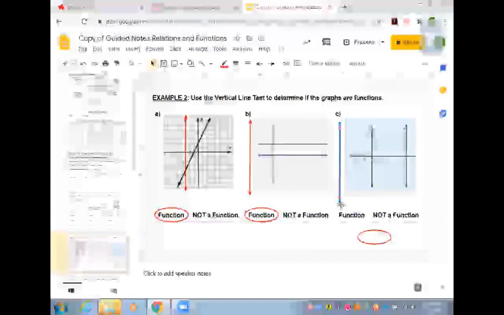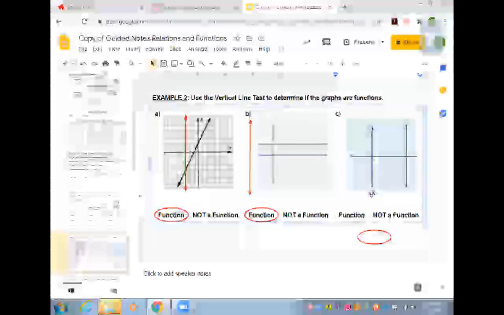All right, let's take this next one. I take my red line here, I move it across. Right there. Once I get right on top of that function, it's touching it twice. It is touching it twice.